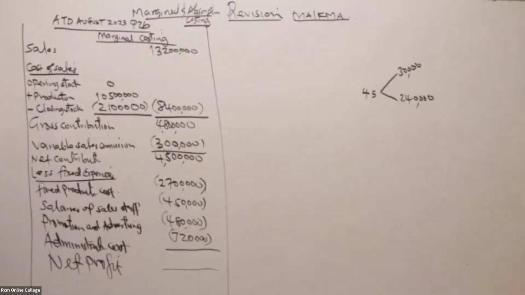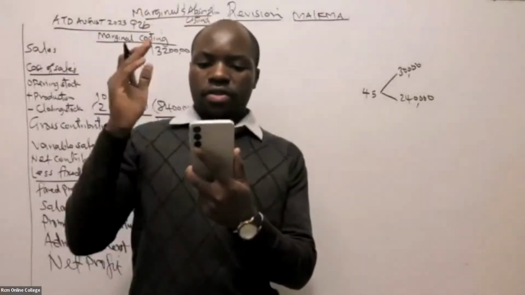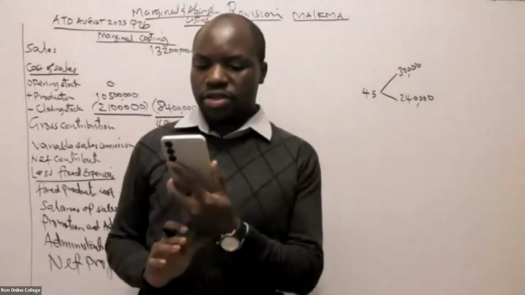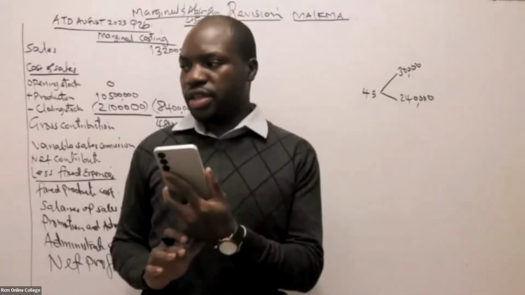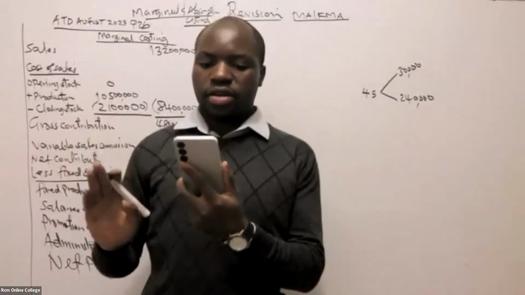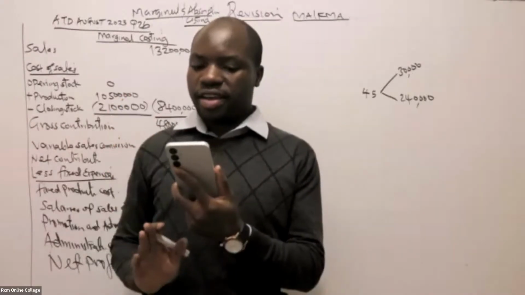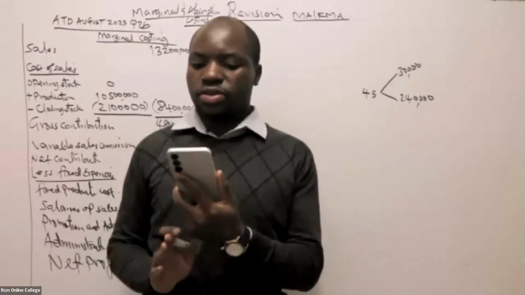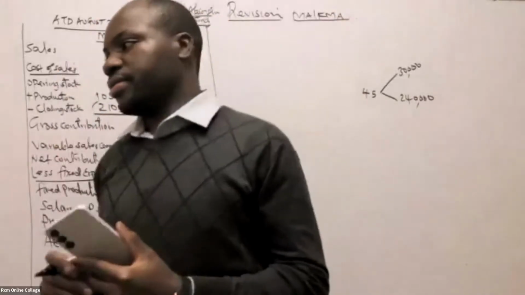How did we get 2,700,000? If you look at our table, we have the production costing card. Are you able to see the production costing card? We have direct material, direct labor, variable overheads, then the fixed overheads, 2,700, and the figures are given in thousands.